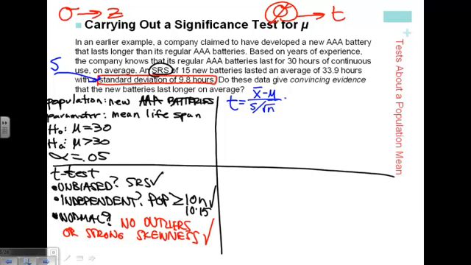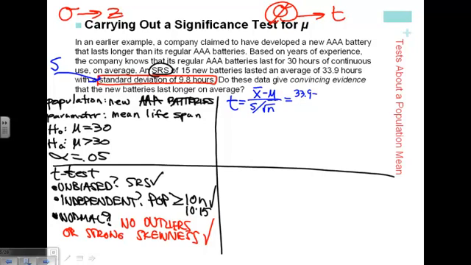In this case, let's plug and chug the values that we know. Do we know what X bar is? I believe it is 33.9. The average length of life from that sample of 15. Do we know what mu is? Yeah, mu is what we said in our H0.